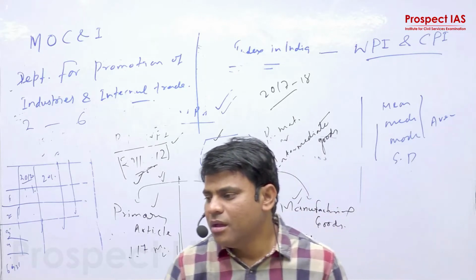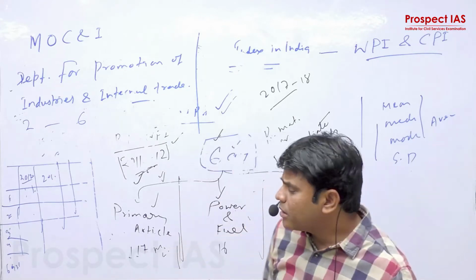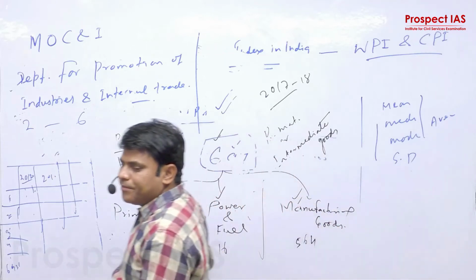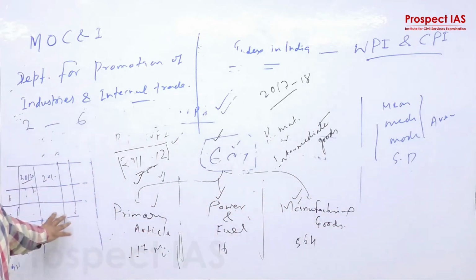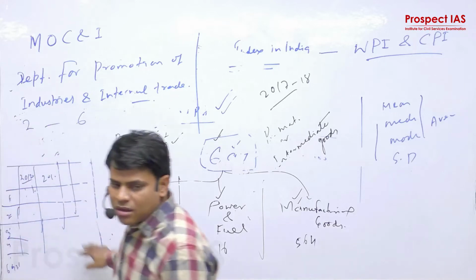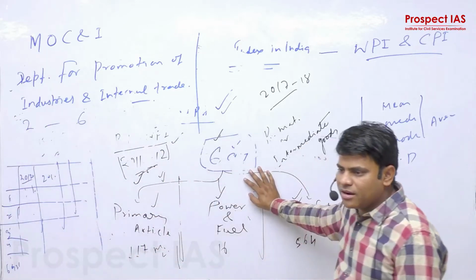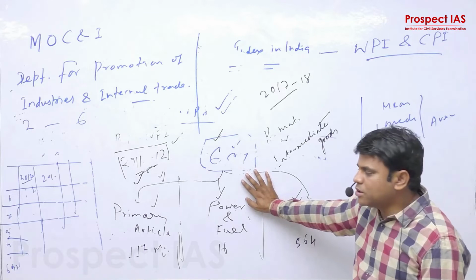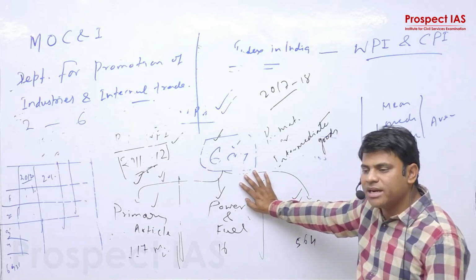लिखिए, the most important drawback is that the WPI includes only goods, है ना. लिखिए, WPI includes only goods, it doesn't include services.